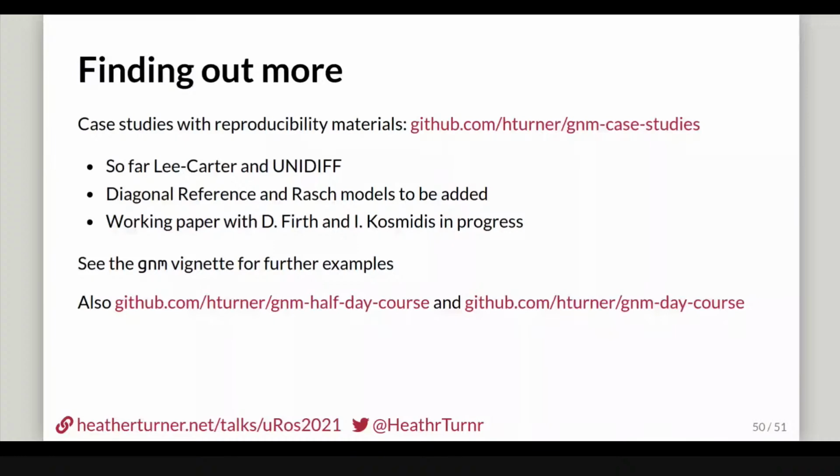And the GNM vignette has even more examples. Some of them are simpler examples, not necessarily deep examples like these case studies of different models that you can fit with the GNM package.